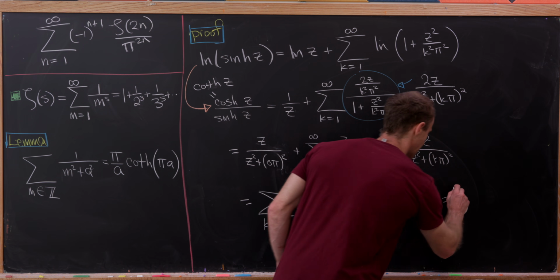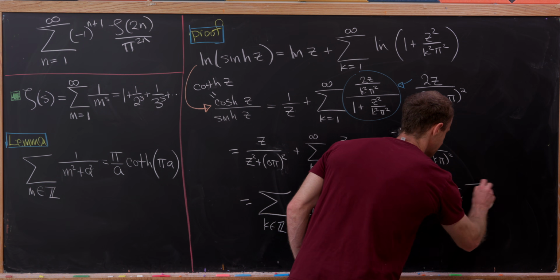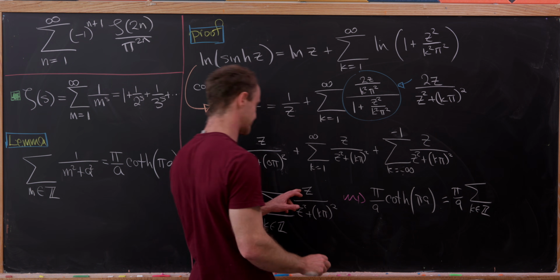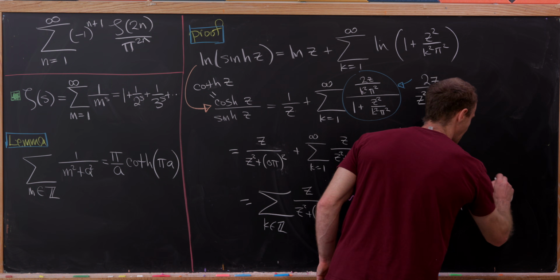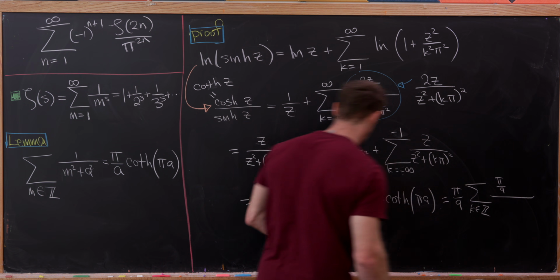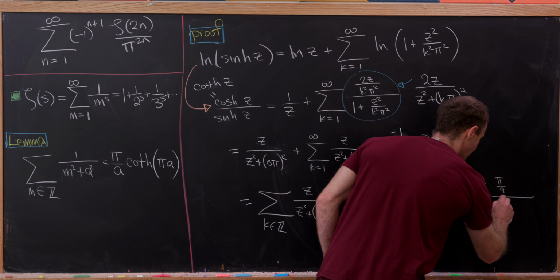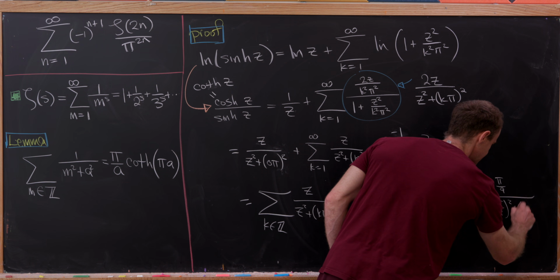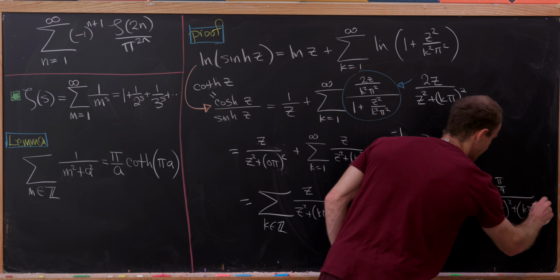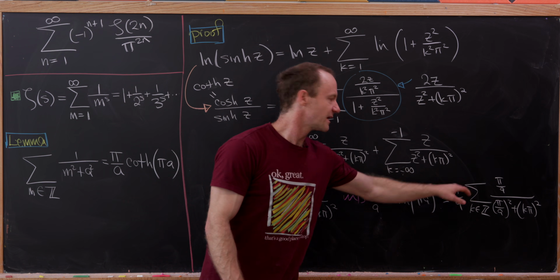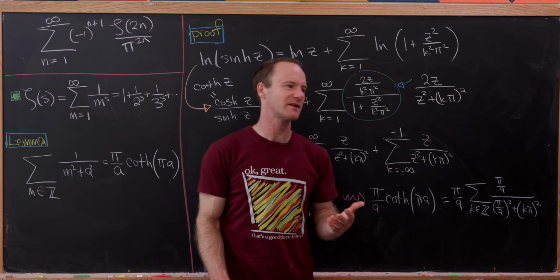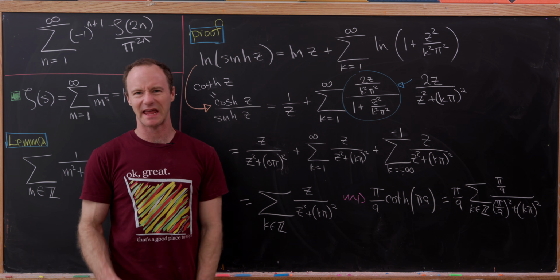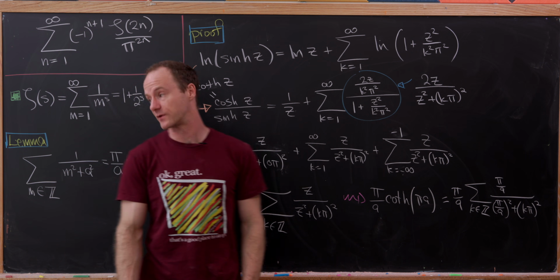So we'll have pi over a times the sum as k goes over all integers of, well, we've got this pi over a in the numerator, and then in the denominator, we'll have pi over a squared plus k times pi squared. But now from here over to here is simply a matter of replacing the k index with an m index and then canceling some things out. I'll leave that for you.